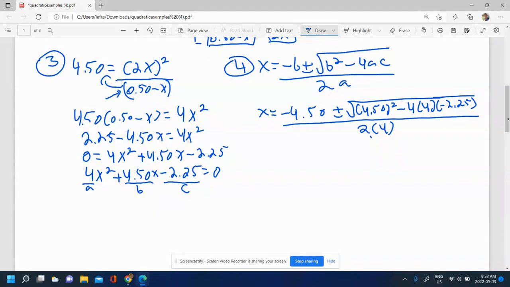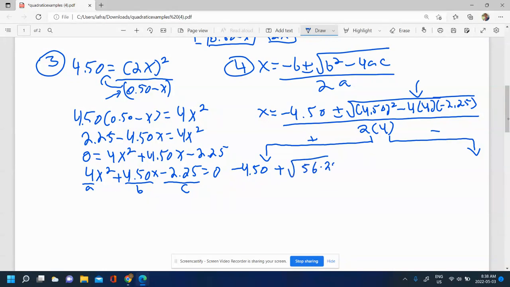And so this will essentially lead me to two possible outcomes. I'm just going to simplify what's in the square root as well. So let's do the plus outcome and the negative outcome. So you'll get negative 4.50 plus, so let's see, 4.5 squared minus 4 times negative 2.25 times 4. So plus the square root of 56.25 over 2 times 4, which is 8.